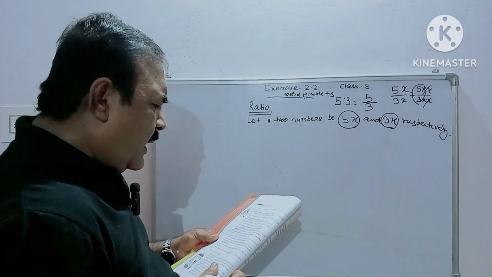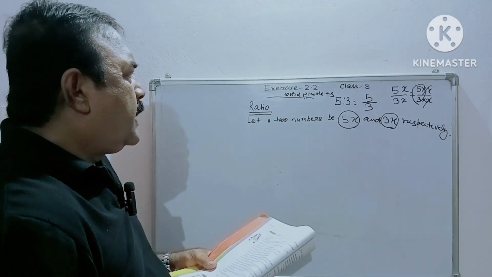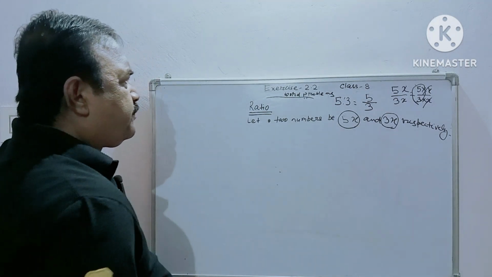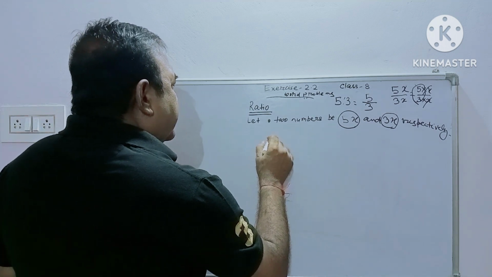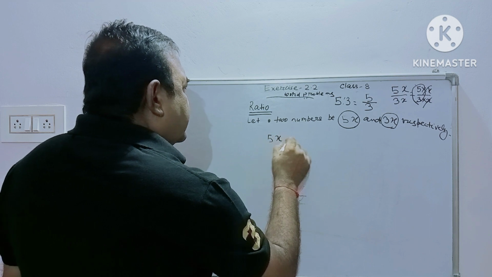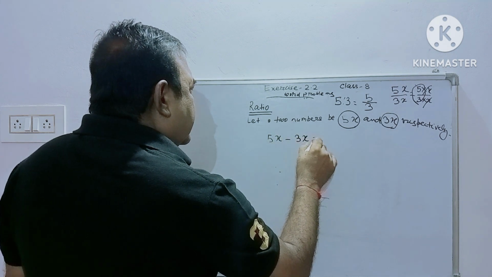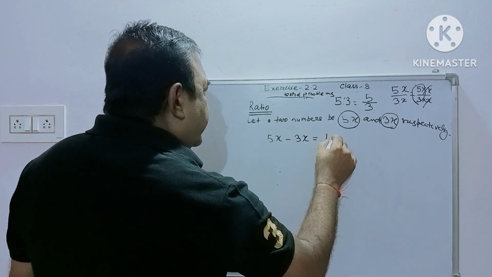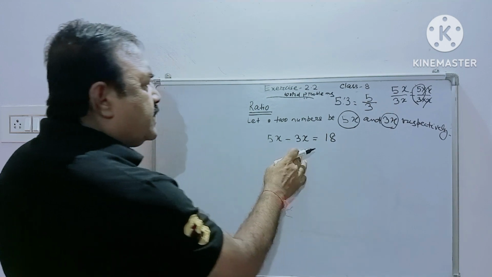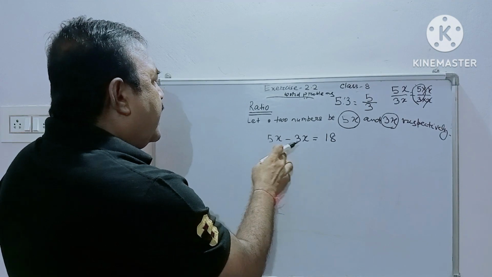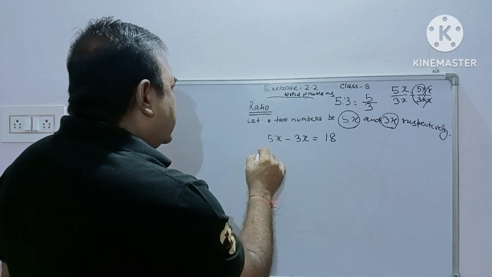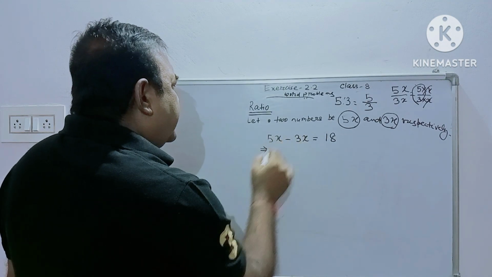So they differ by 18. That means we have to take away the smaller number from the greater number. 5x minus 3x. The difference is given as 18, so this is the equation. We can find the definite value of the variable. That implies 5x minus 3x.